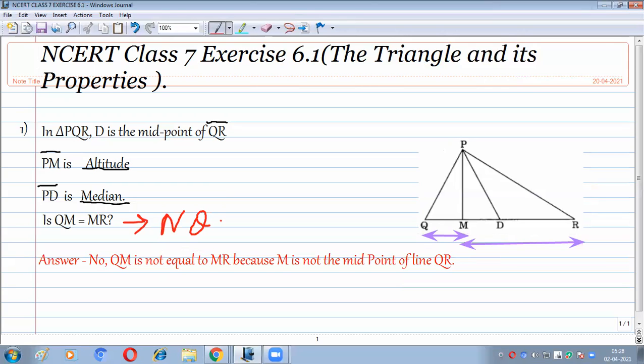So the answer for the first bit is altitude, the answer for the second bit is median, and the answer for the third bit is no.